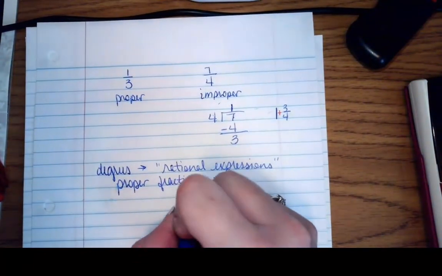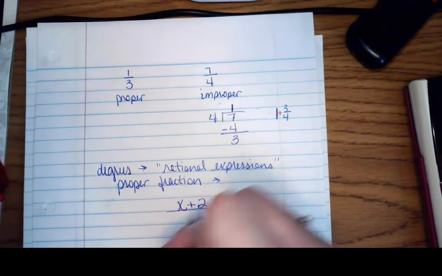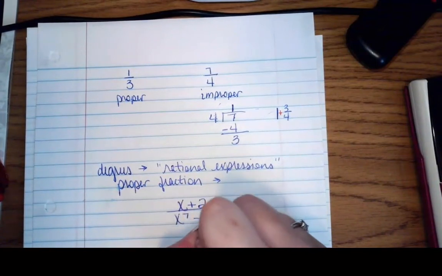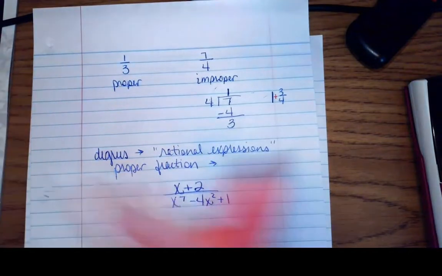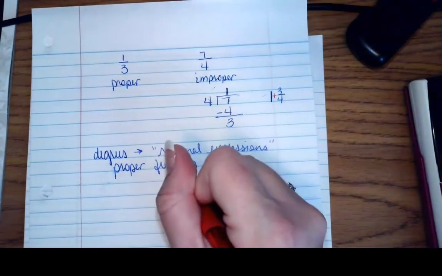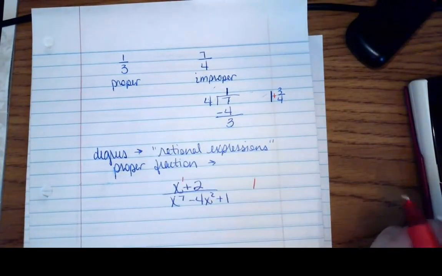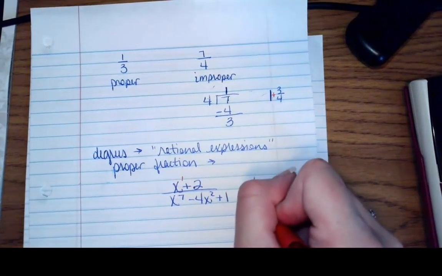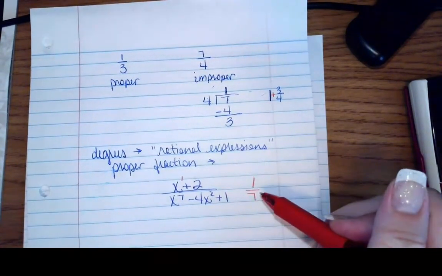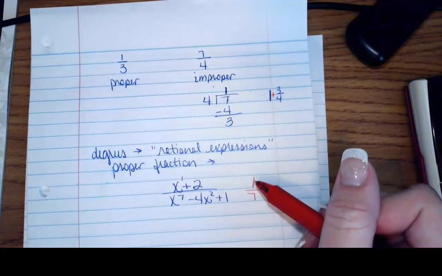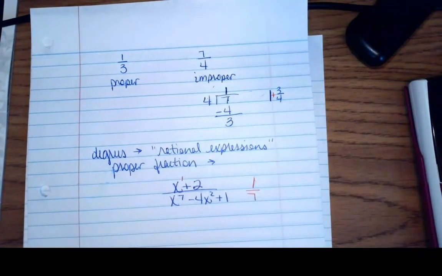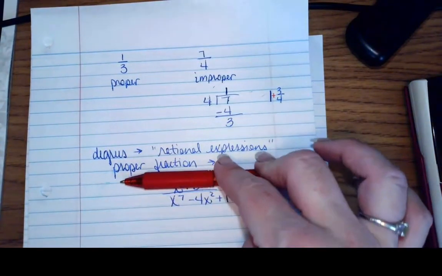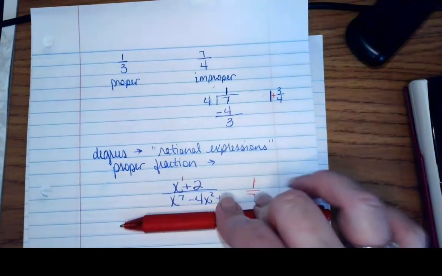For instance, if I have x plus 2 over x to the 7th minus 4x squared plus 1, the degree on top is 1, and the degree on bottom is 7. This is not 1/7, I'm writing the degrees. Because the degree on top is smaller than the degree on bottom, this is proper. The numerator is smaller than my denominator.